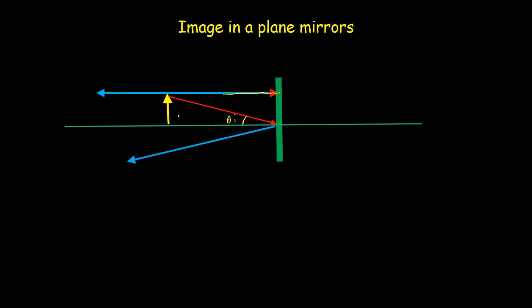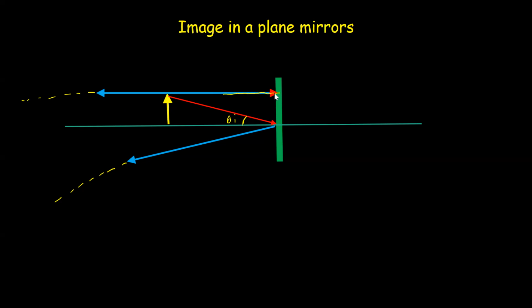The image that we can see is the place where 2 reflected rays cross each other. But as you can see here, the 2 reflected rays are diverging. So it's obvious that even if I continue both of them on this side of the mirror, they never cross each other. So I can't see an image in front of the mirror.